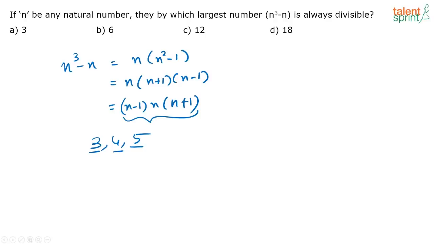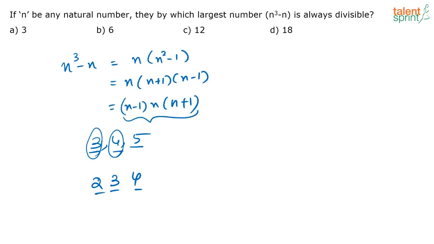Or the other way in which the numbers can come is 2 numbers are even and the number in the middle is odd. But take any combination and any number that you want. I am just taking 2, 3, 4 and 3, 4, 5 to explain easily. Any set of numbers that I take, I can always see that there will be one number which is divisible by 2 and one number which is divisible by 3.